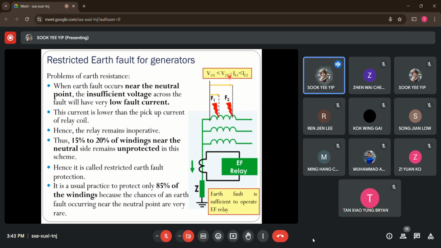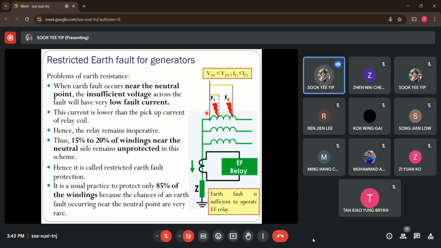With such a high voltage generated, the fault current flowing through this path is much higher, sufficient to be picked up by this earth fault relay. So no issue if the fault occurs furthest away from the neutral point.